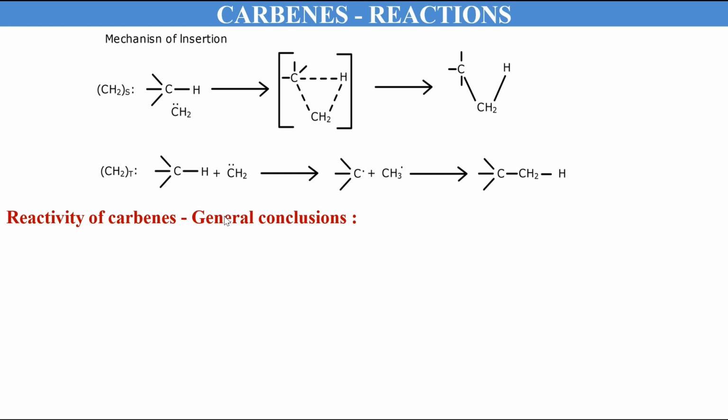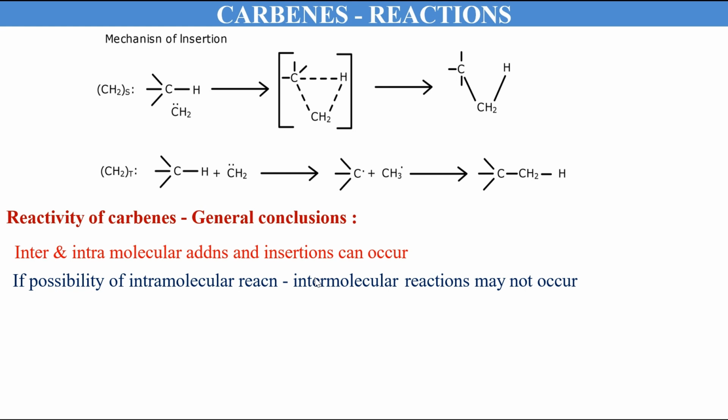Now, overall, the conclusions are like this. It can undergo intermolecular addition or intramolecular addition. If not, it can undergo insertion reaction. If there is a possibility of intramolecular addition, then intermolecular addition does not occur.